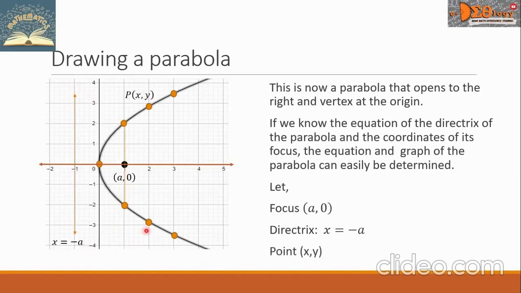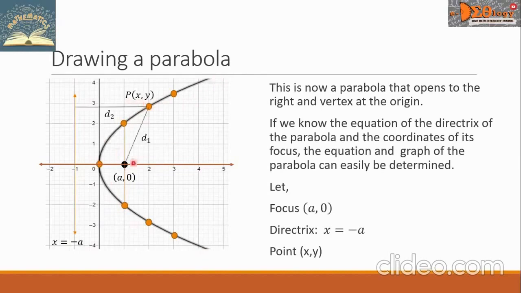Let us choose one point of the parabola, let's say this point, and we call it P with coordinates (x, y), and this point represents all the points of the parabola.